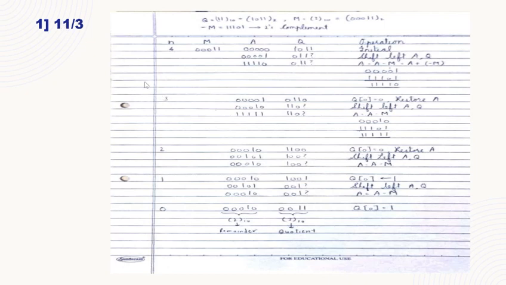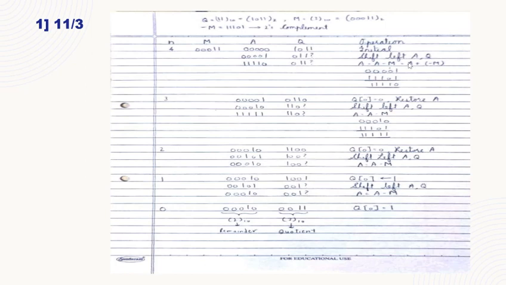The first operation of restoring division is shifting left the bits of A and Q by 1. The result of the operation is this: 1 goes here, this one goes here, and so on. So A has 0 0 0 0 1, Q has 0 1 1, and the least significant bit of Q is kept blank.